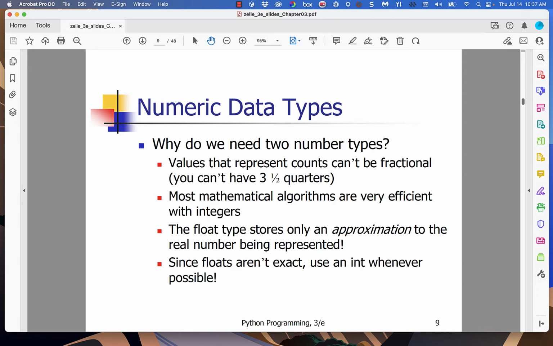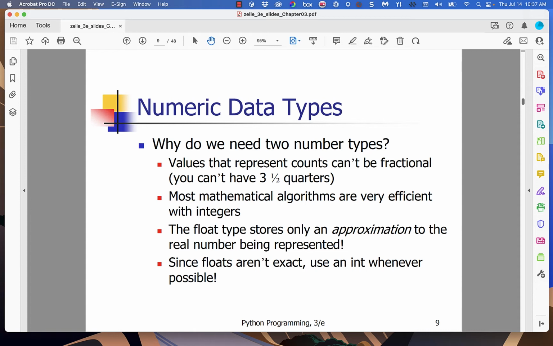Why do we need two types for numbers? Well, it's pretty practical, and we'll be getting to it in just a second. So, values that represent counts of things typically can't be fractional. Now, I guess this is a semantic kind of a difference, but typically we use the word count when things are in whole units that can't be divided, right?